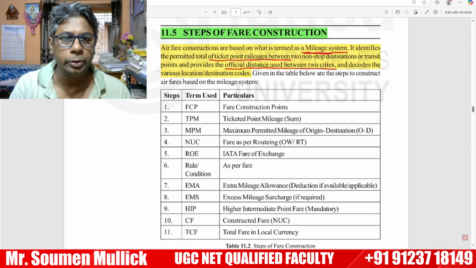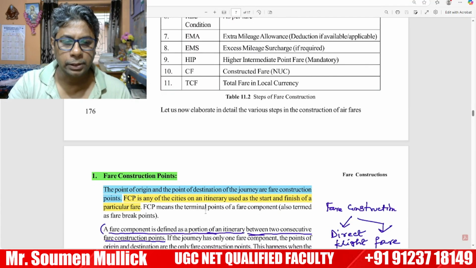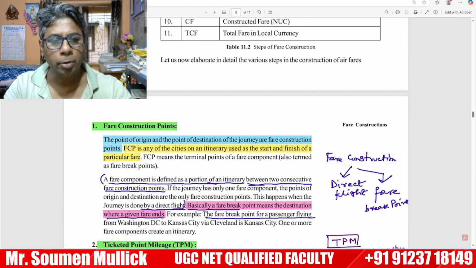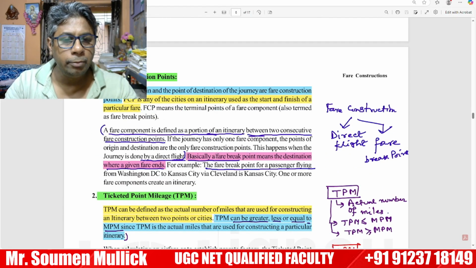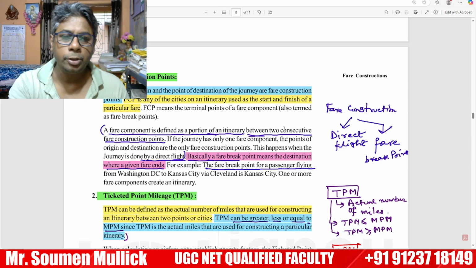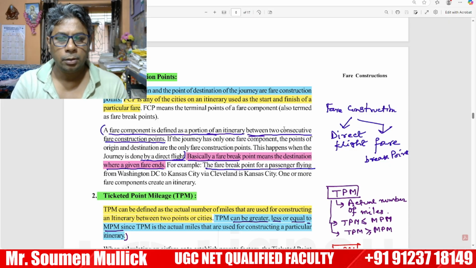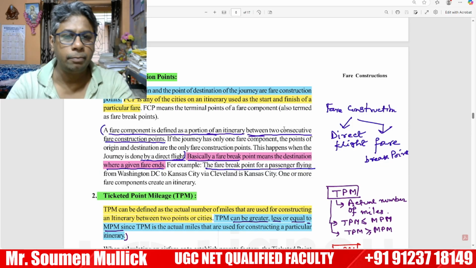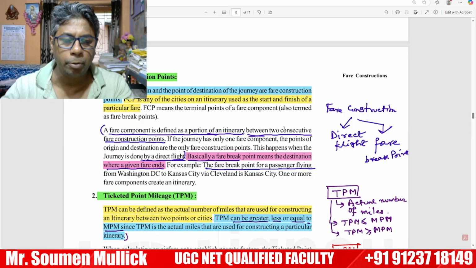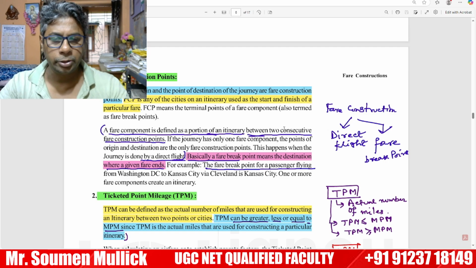Now we are going to understand the detailed analysis of fare construction. The first point is the fare construction point. What do we mean by fare construction point? The point of origin, where the journey starts, and the point of destination, where I have to reach, of the journey are fare construction points.